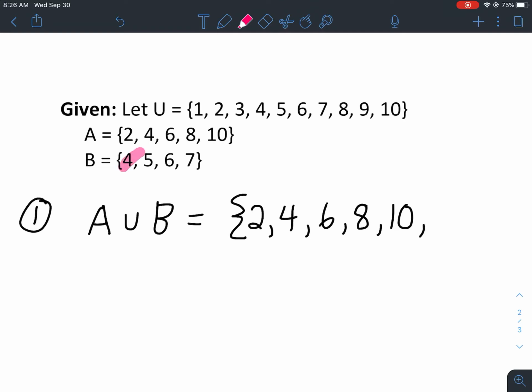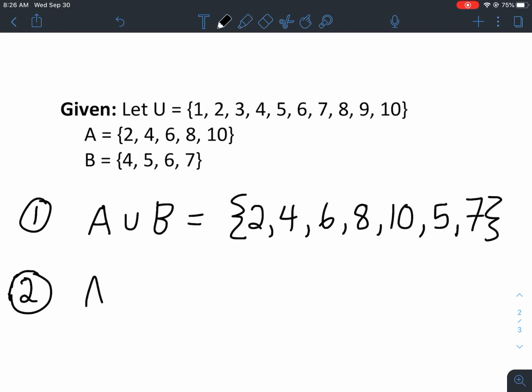We already have 4, so I don't need to write that again. We already have 6, but I definitely need to write 5 and 7. Generally, you'll see people write those in numerical order, but the order does not matter. So that's perfectly fine. Remember, you don't have to rewrite them if they're the same number.